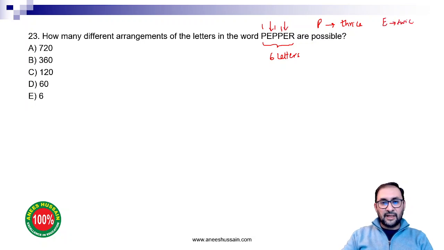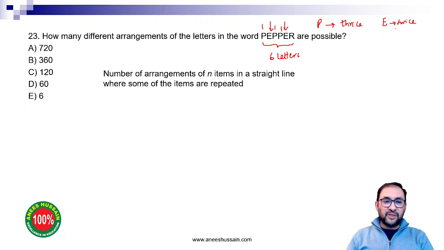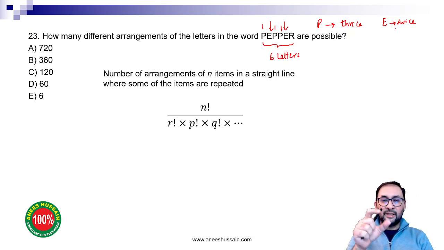So we need to account for that repetition as well. Remember, we've discussed this concept before. The number of arrangements of n items in a straight line where some of the items are repeated is always equal to n factorial, where n is the total number of items, divided by r factorial into p factorial into q factorial, to remove the places where these letters are repeated.